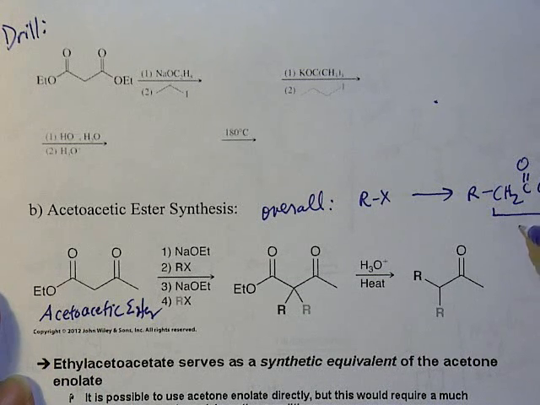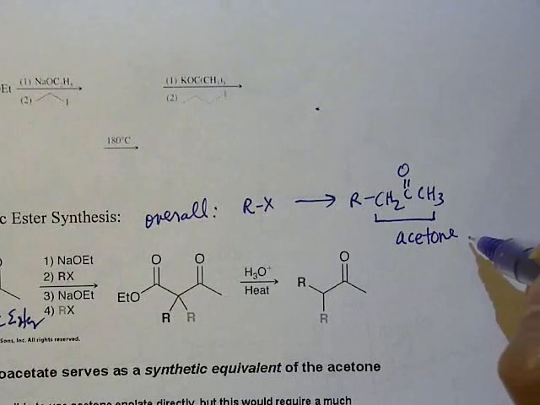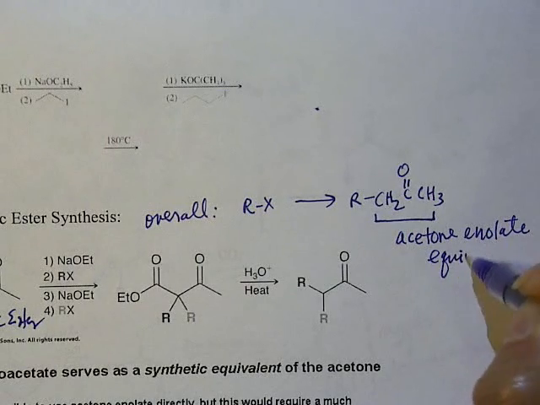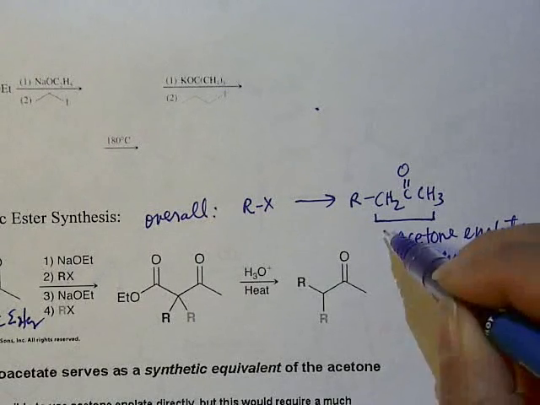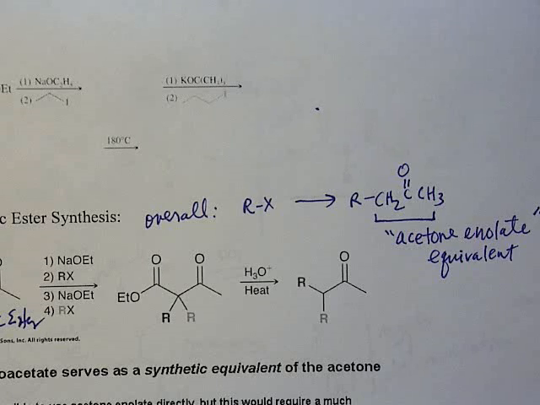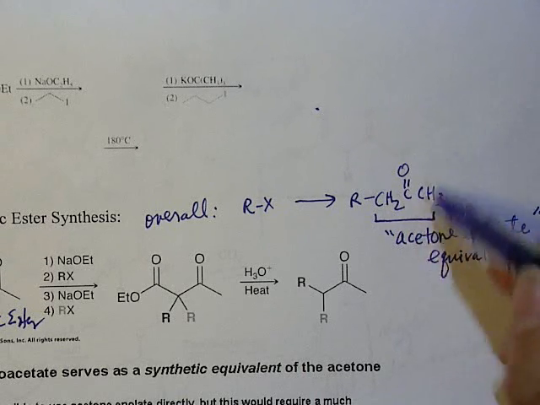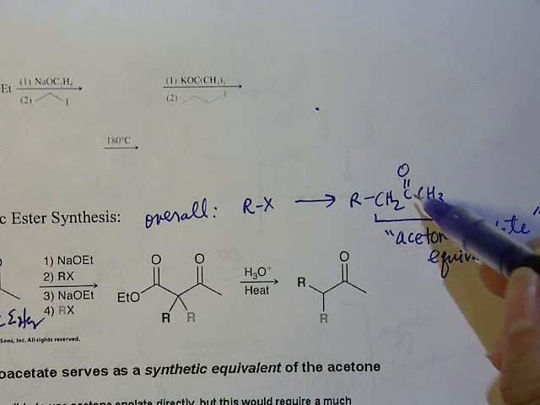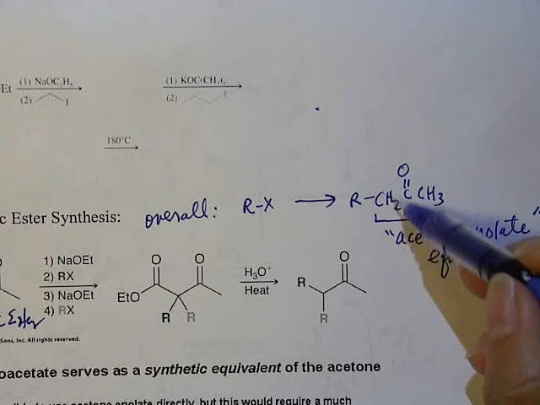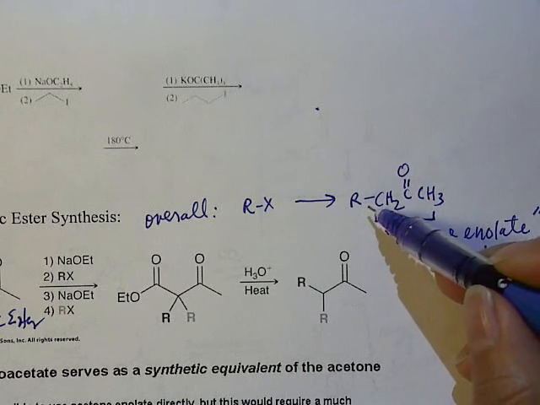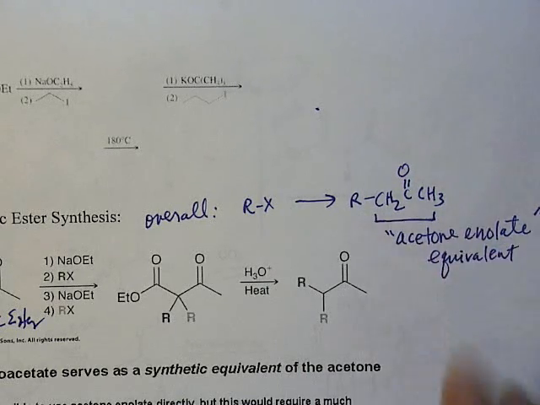So it's like an acetone equivalent. Notice it's 3 carbons long, and it looks like acetone, which is CH3 double bond O CH3, but it is the enolate of acetone. So you're putting this group onto the R group of the alkyl halide.